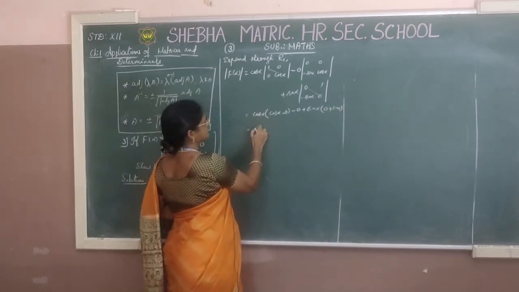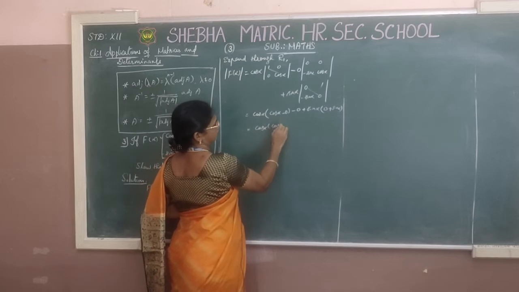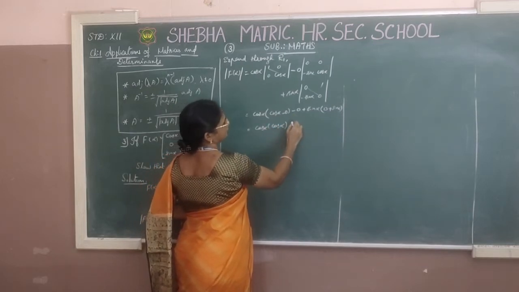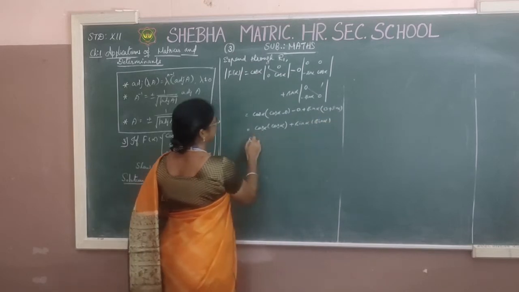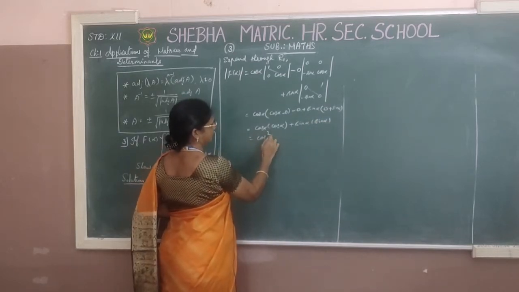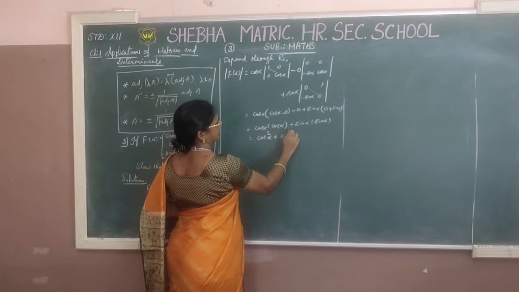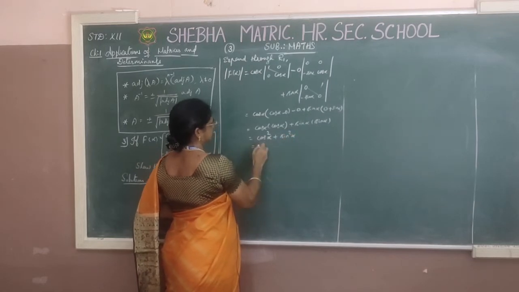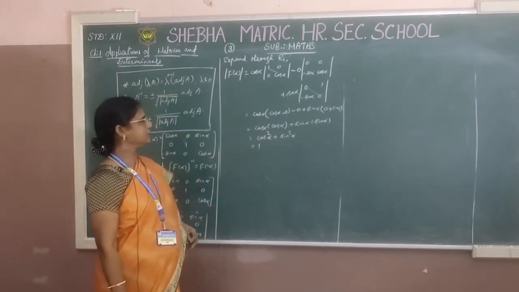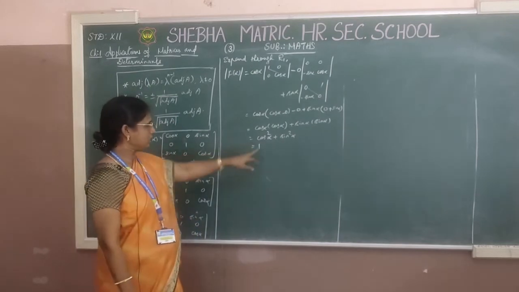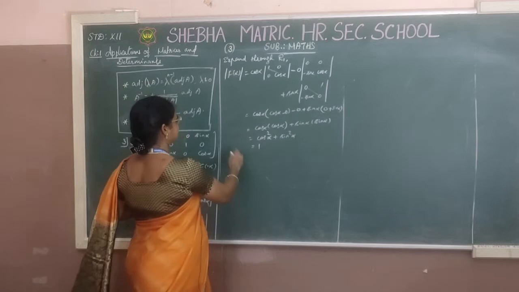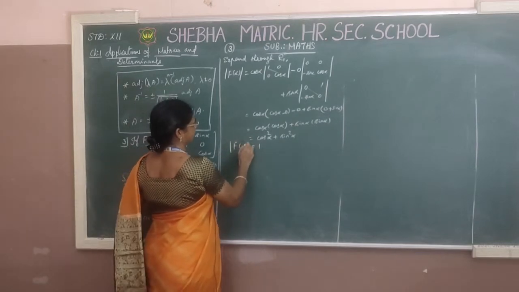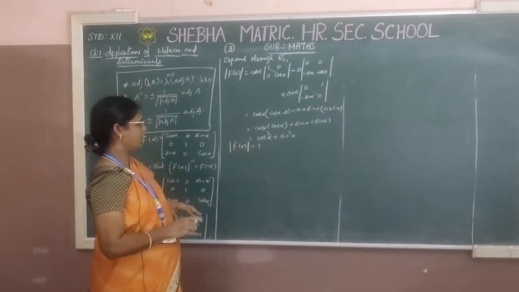This is equal to cos alpha into cos alpha, plus sin alpha into sin alpha. This is cos square alpha plus sin square alpha, which is 1. We already learnt in 11th standard trigonometry, cos square alpha plus sin square alpha is 1. Okay, this is our determinant value of f of alpha.